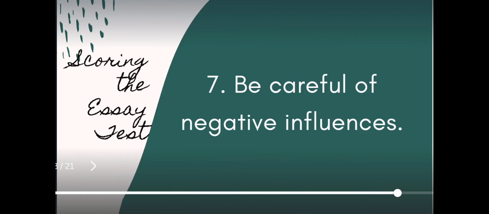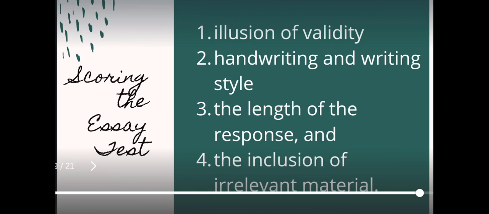For number 7, be careful of negative influences. What are these negative influences? Like for example, we have the illusion of validity. Sometimes as we read, we are impressed with the thoughts, with the grammar, but is the content of the essay really what is supposed to be there?